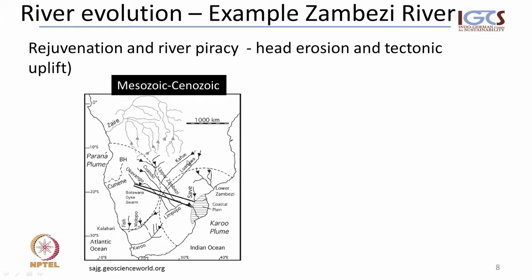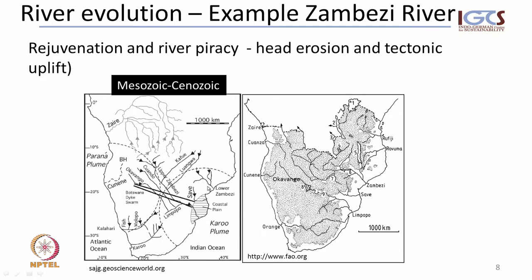When was that? This was during Mesozoic and Cenozoic times, and then major tectonic events took place, which then reversed flows and captured major parts of the Okavango River and channeled them into today's Zambezi River.